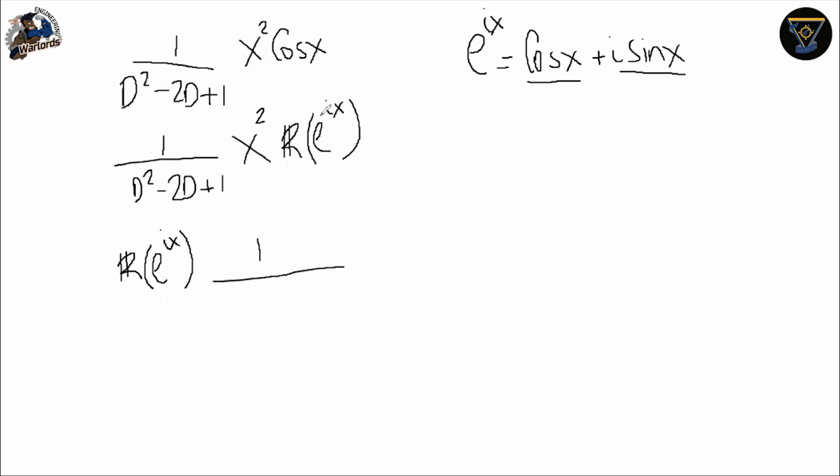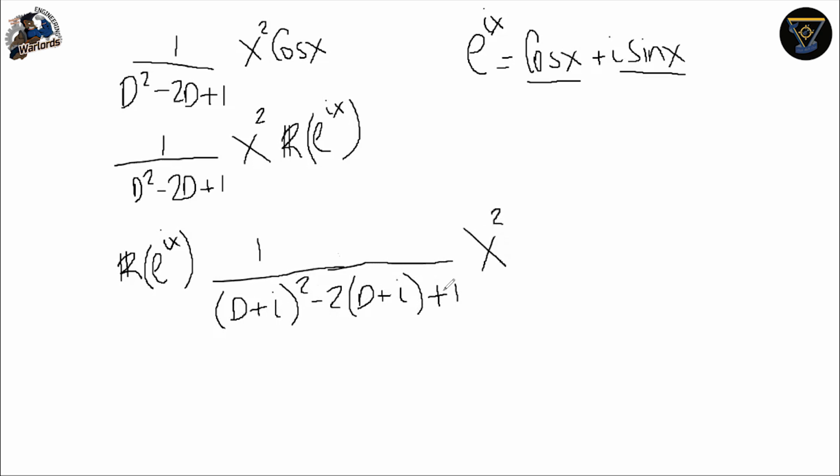If it was 2, it would be d plus 2. So this would be d plus i squared minus 2 times d plus i, and you have your plus 1. And all of this would have x squared.